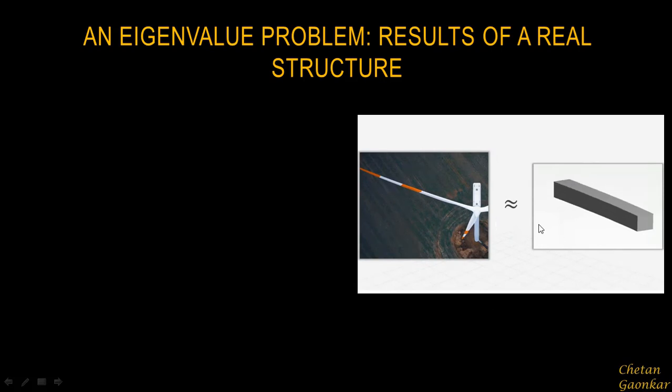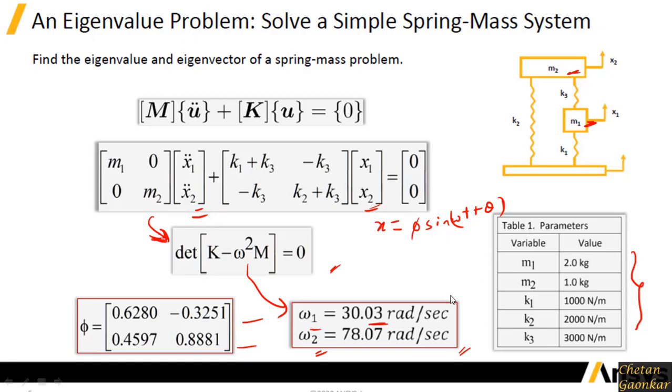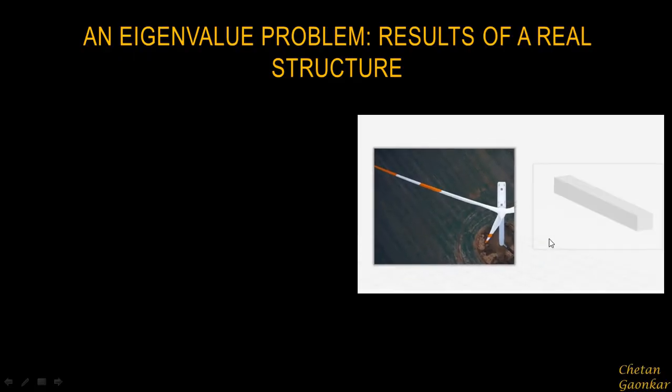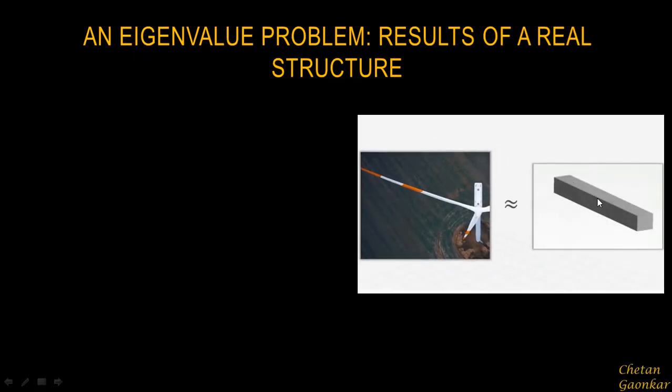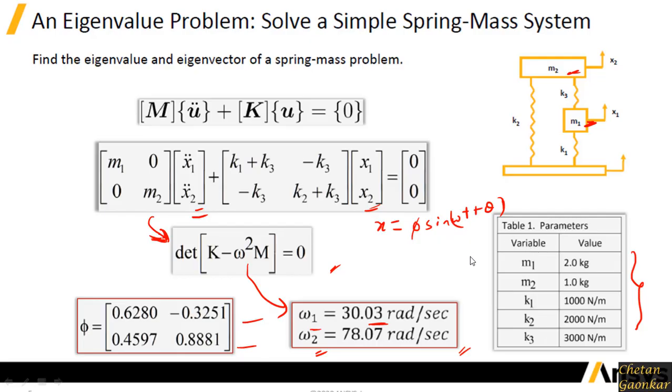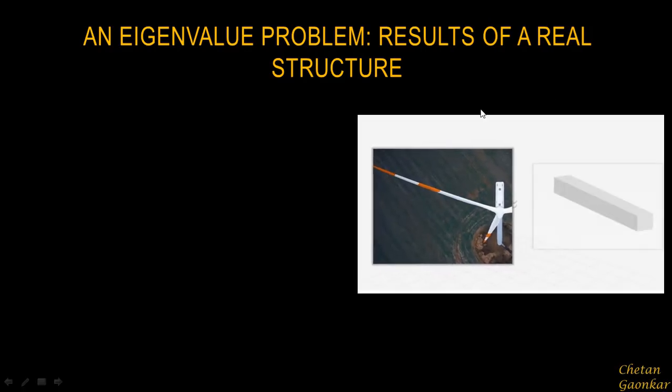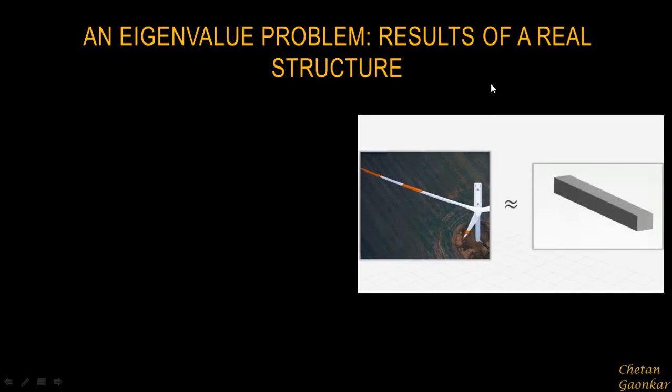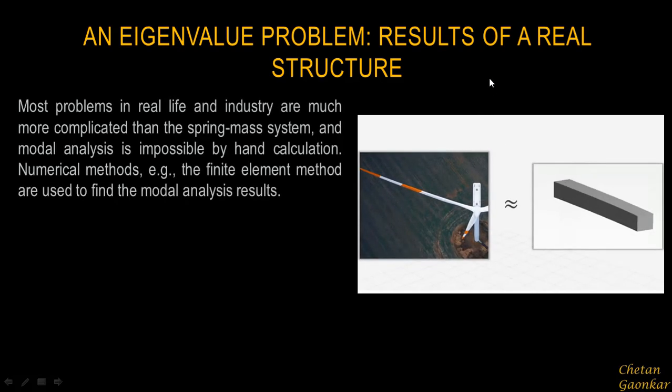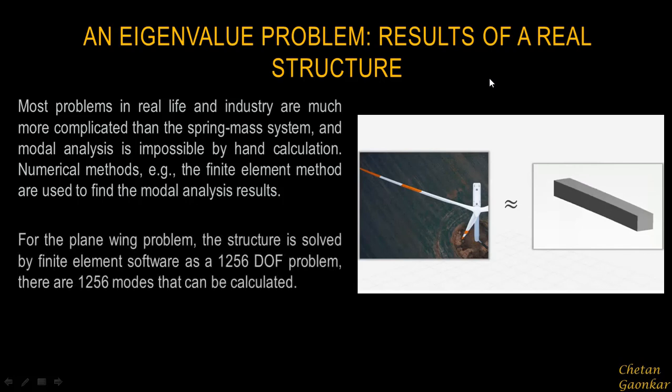This mathematical solution is not possible for real structures, although we idealize them. This beam will be a continuous beam, and this approach is really not possible. So the only way to proceed is not hand calculations, but by using software.